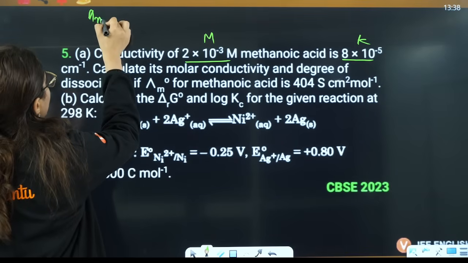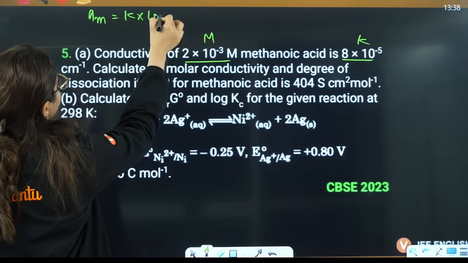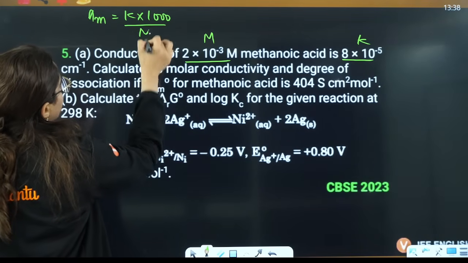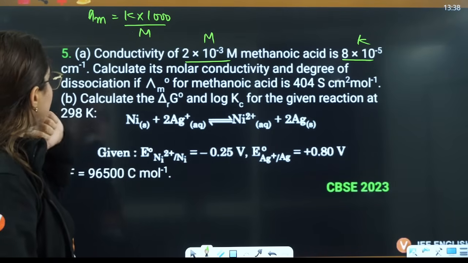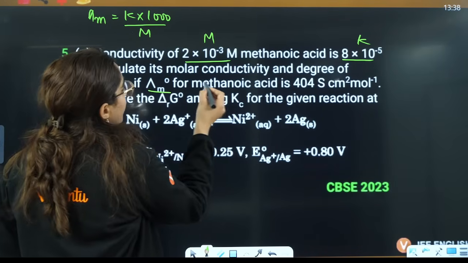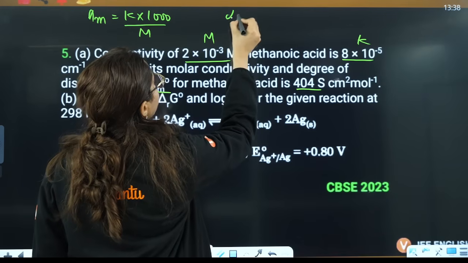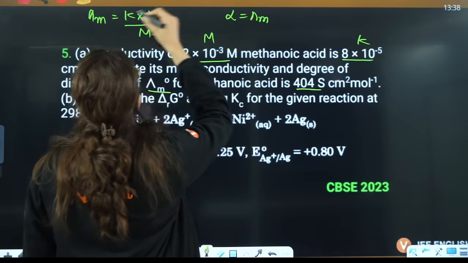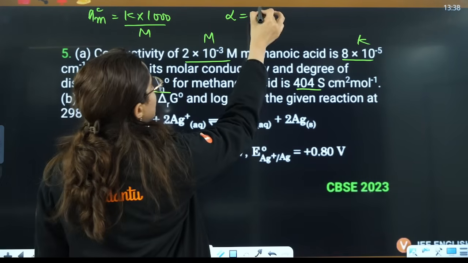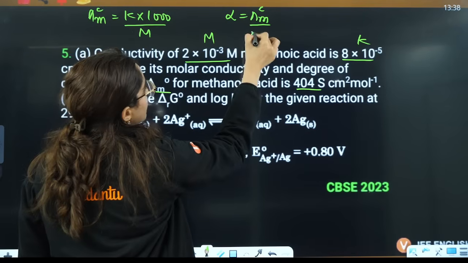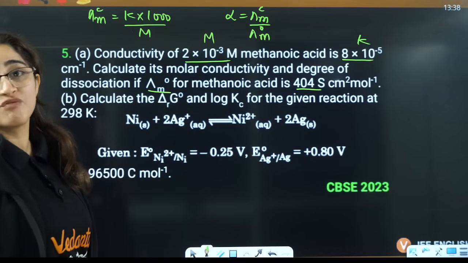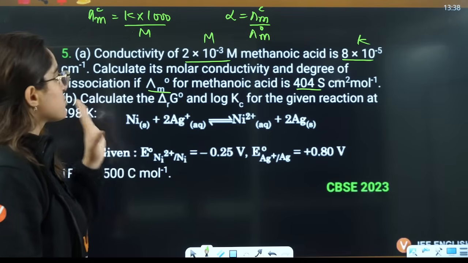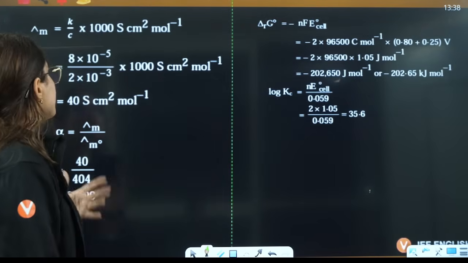Molar conductivity equals kappa into 1000 by M. You have kappa and molarity, so you can calculate that. The infinite dilution molar conductivity is given, and alpha equals the molar conductivity at concentration C divided by the molar conductivity at infinite dilution. That will be your degree of dissociation.